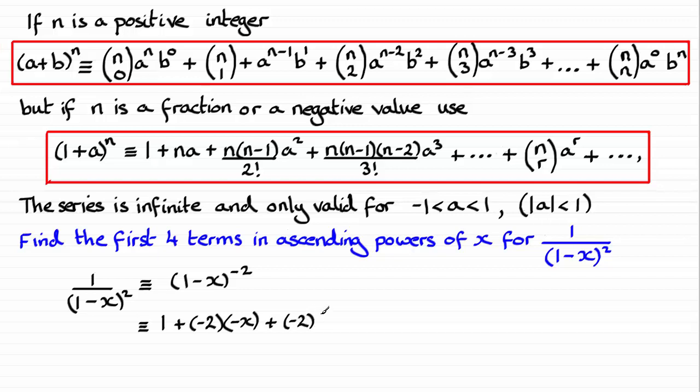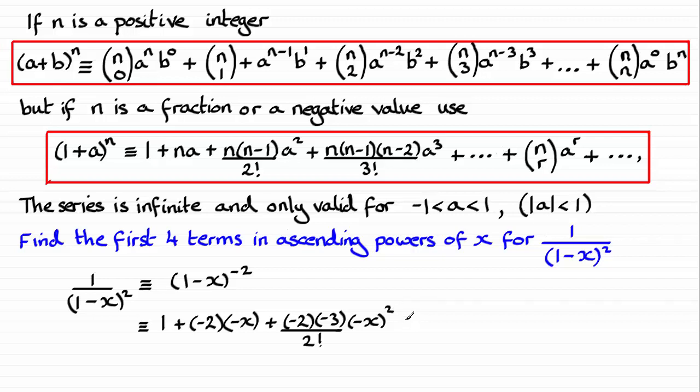So it's minus 2 times minus 3. That's all over 2 factorial. And then we've got to multiply that with a all squared. A is the minus x, so we multiply that with minus x all squared.